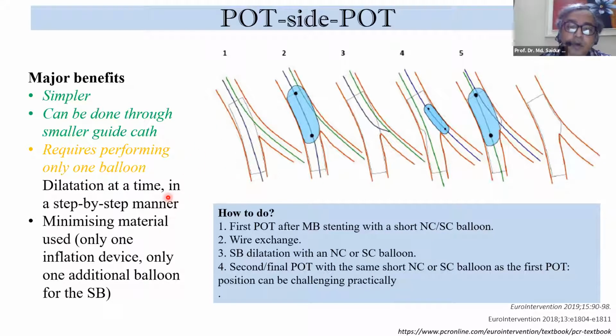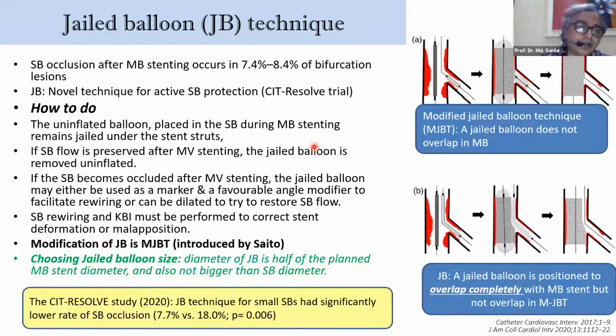So the POT, then the side branch dilatation, and then again a POT. That one is simple. Even with a 5 French catheter, you can finish that one. So POT-side-POT is nowadays an alternative to KBI in some cases.